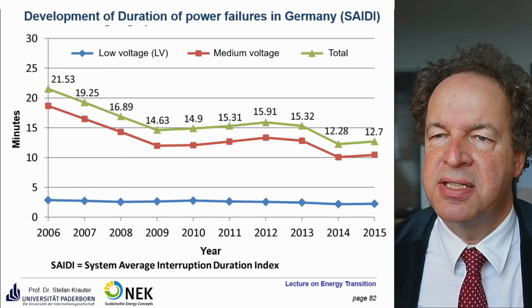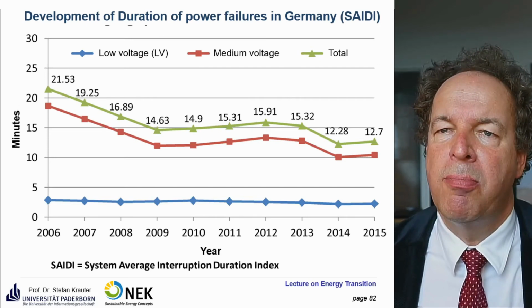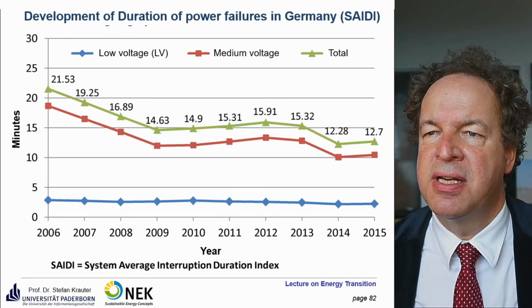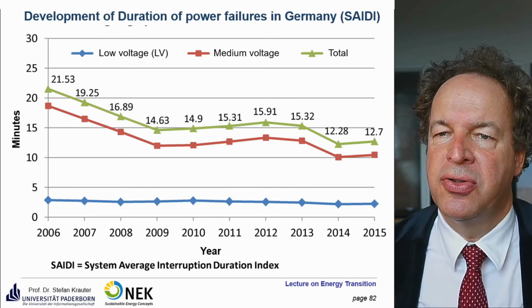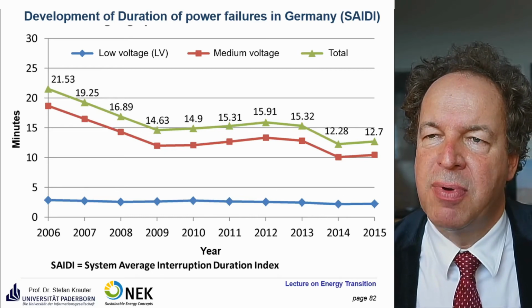So in 2006, we had a total SAIDI value of 21.43, and in 2015 it was only about half of that. So the duration of power failures was reduced by 50%.